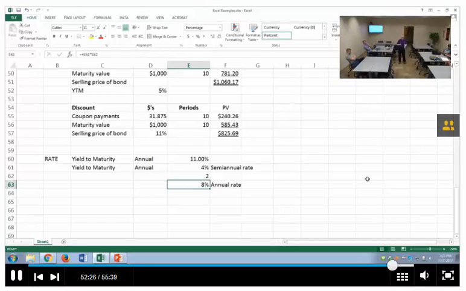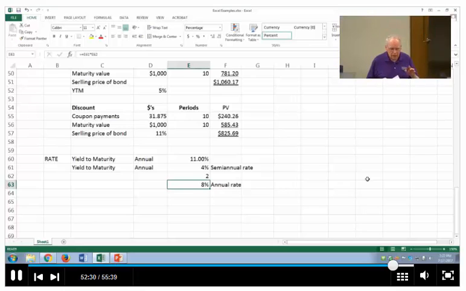One of the things that I want to point out, when you're using the present value and future value payments to calculate the value of the bond, when you use those functions, the coupons go in the payment, and the retirement value or the maturity value of the bond goes in future value. Okay.